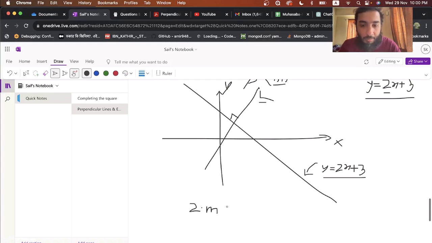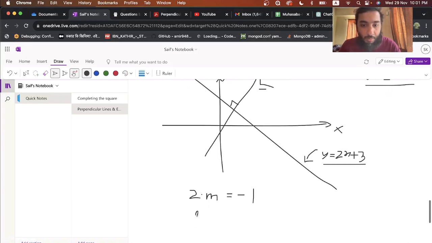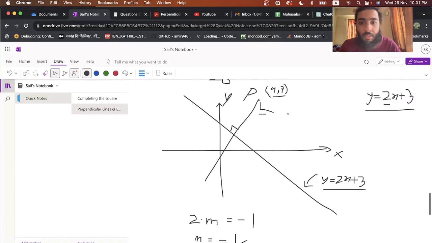So their slopes' multiplication would be -1, so m would be -1/2. So we know the slope of the line L, m, is -1/2.